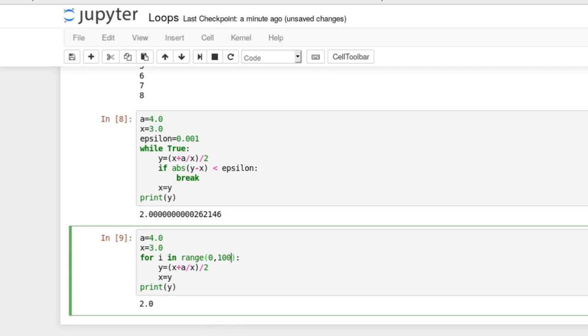If you execute this loop 100 times, you will be getting a good estimate, but if you execute this for some 3 times, you can see that this is not that good. If you increase the number of times, you will be getting a better estimate. So, you can use a for loop if you want that many iterations, or you can use a while loop to solve Newton's problem. So, this is all about looping structure.